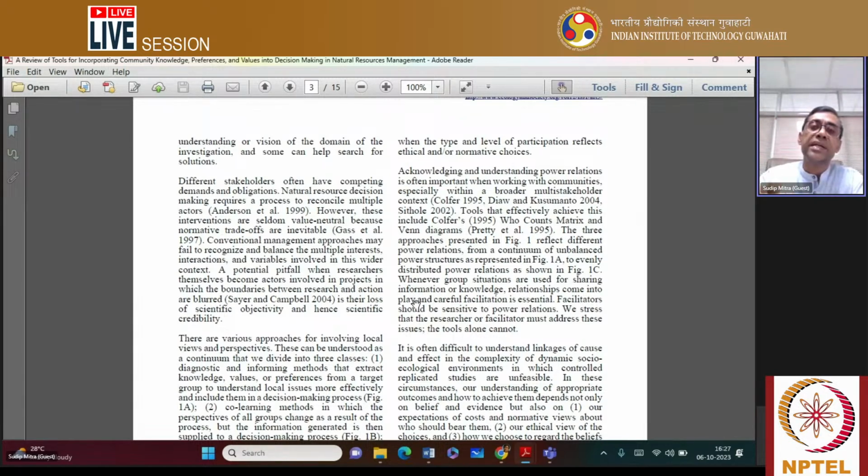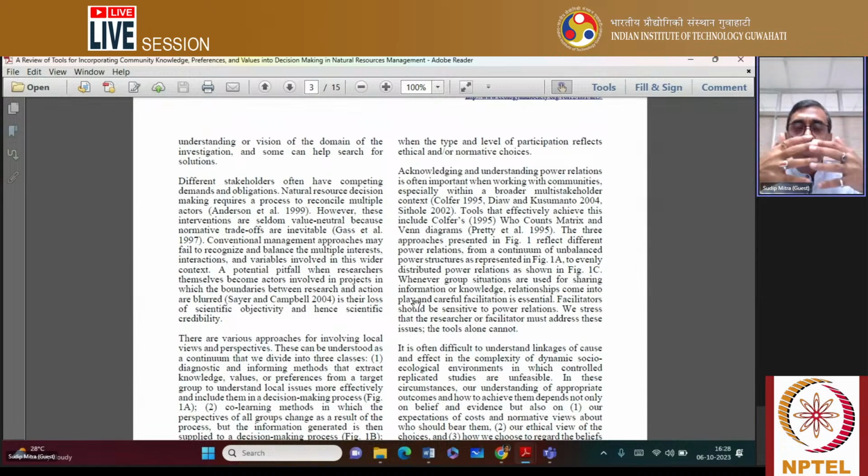The reason is that, by now, I'm sure you understand that at the core of natural resource management there are people. So the human part of NRM is very, very important. That's why before you take any decision for natural resource management, we need to understand the setting of a particular area, the ecosystem, and also the people.